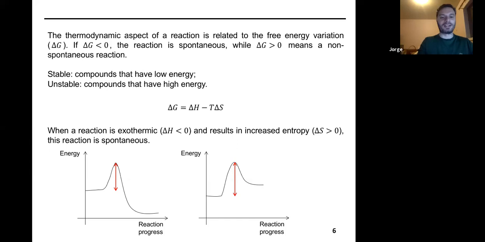So it means that in the first case, the reaction is in a direction of forming products with lower energy or more stable, and in the second case, forming products that have high energy, therefore are less stable than the initial state. First case, here we have an exothermic reaction, and in the second case we have an endothermic reaction.